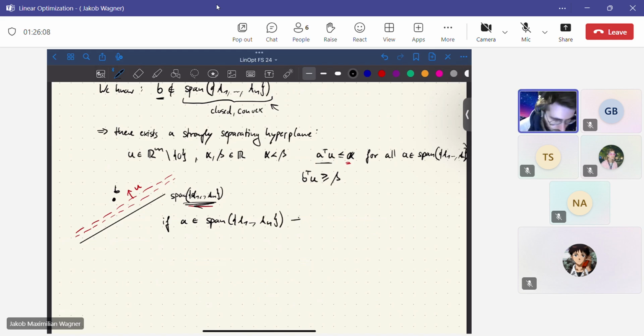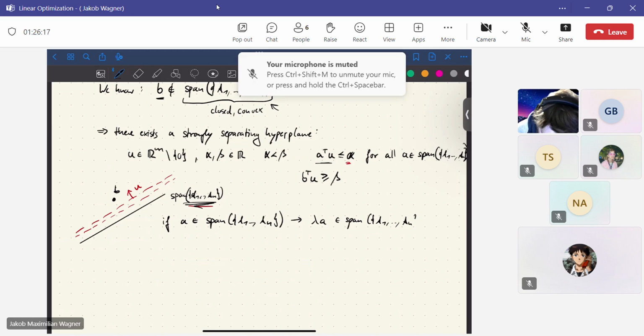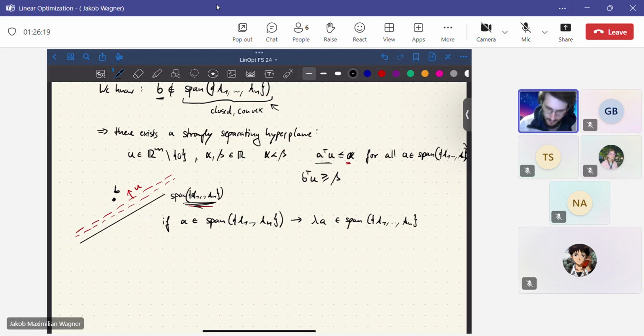So if a is in the span, then we also have that lambda a is in the span for all multipliers or scalars, for all lambda in R. And so this especially tells us that we have here this less or equal alpha for all a's in this span.